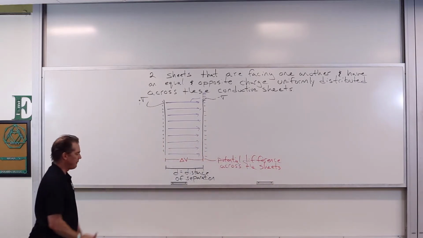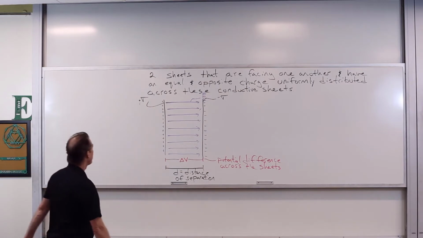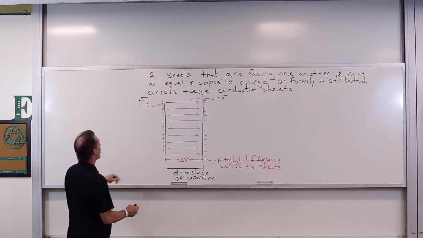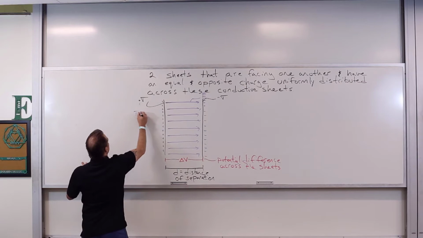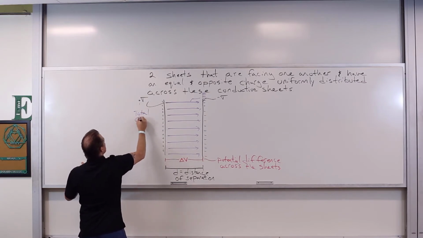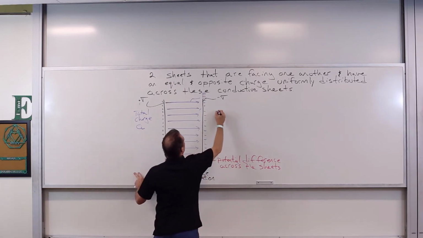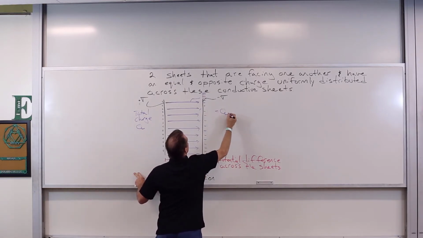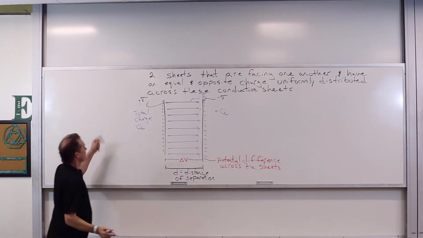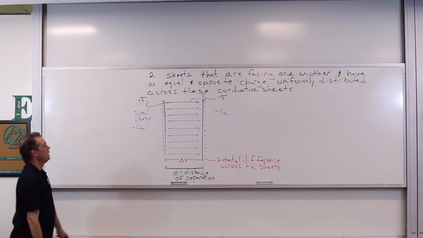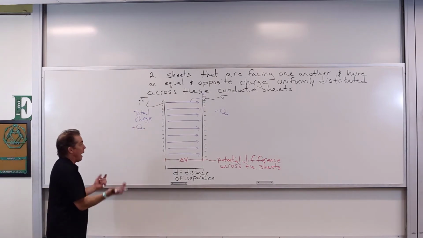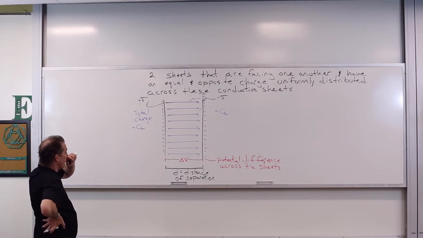What else do we have here? Well, we can go ahead and say we'd have some total charge Q and minus Q. So plus Q and minus Q. It would be the same amounts of charge, just opposite, right? So what do we have with this?